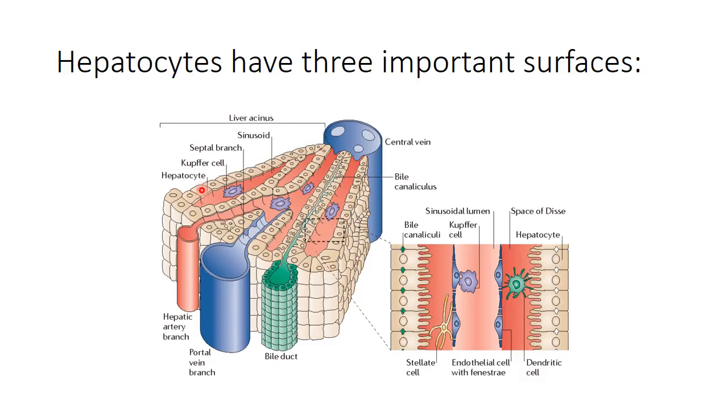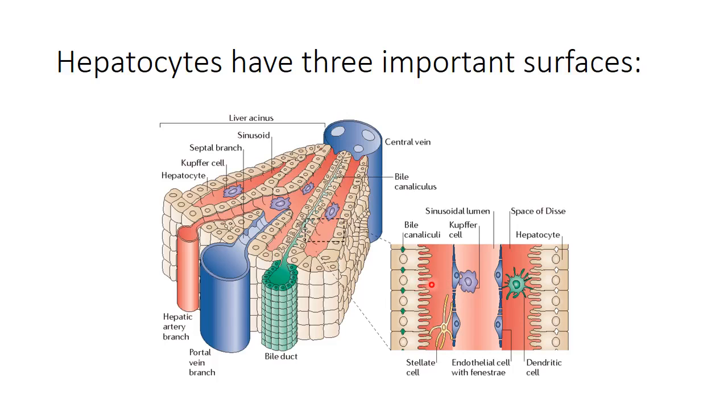And it is in contact with the hepatic sinusoid, where the hepatocyte is in contact with the blood. These sinusoidal surfaces are covered with short microvilli, as we can see here. The liver cells on the sinusoidal surfaces have short microvilli that protrude into the space of Disse.